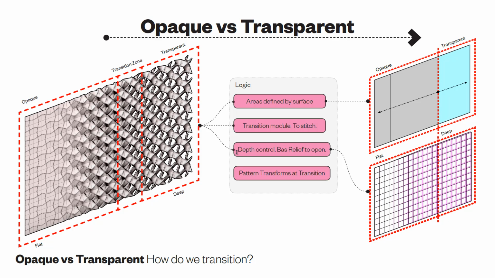Something with the geometry of the deep modules, we really need those to be as thick as possible. In the final design, just because of the way the rule geometry is constructed, it lends itself to being pretty thick. So we're basically having a gradient from flat to most deep, which is also an opaque and transparent binary.